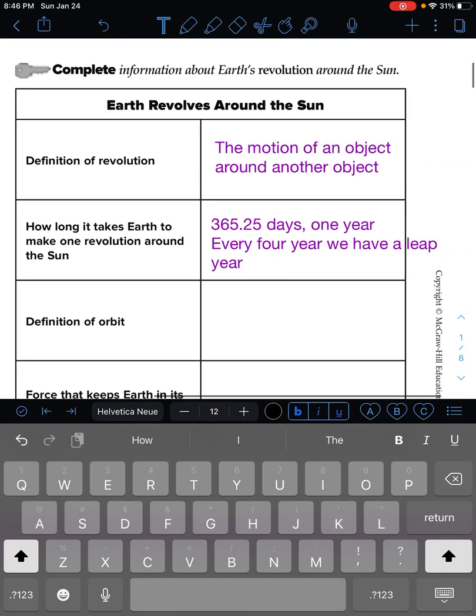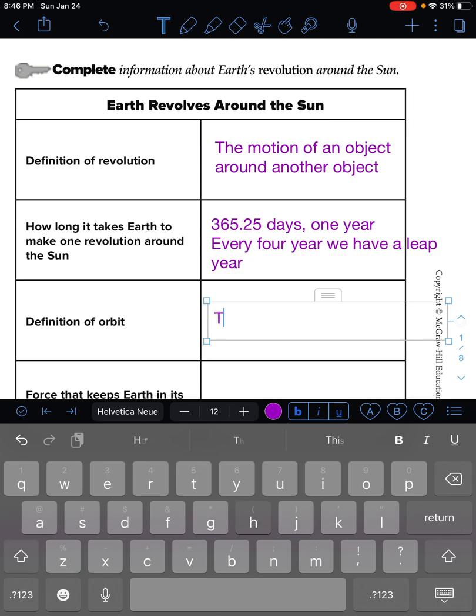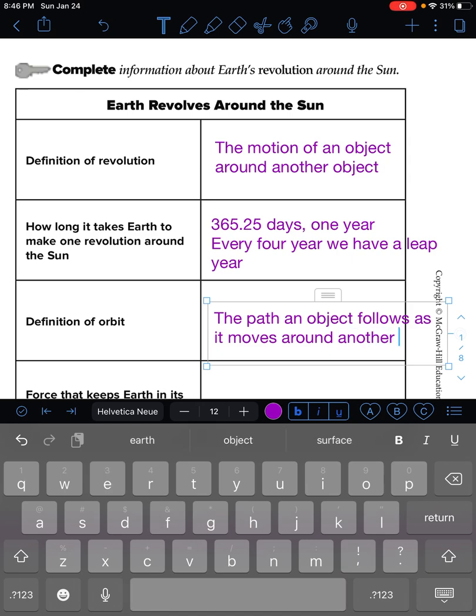So what is the definition of an orbit? Orbit is the path an object follows as it moves around another object.